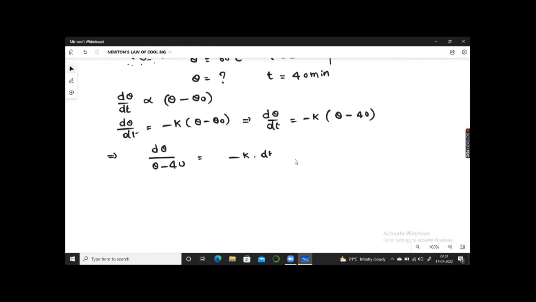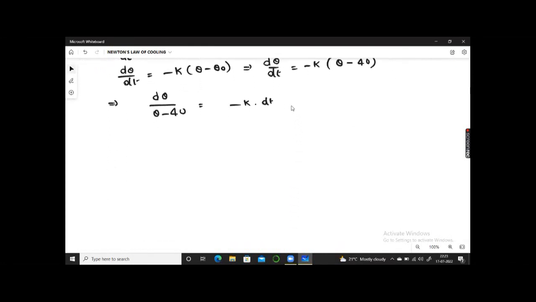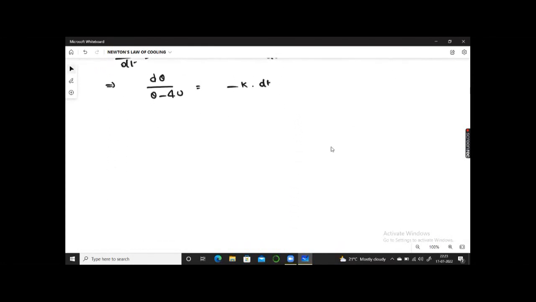What I do now is I integrate both sides. So what will you get? Integral of 1 by x is log x, so log of theta minus 40 is equal to minus k integration of dt, minus kt plus some constant.